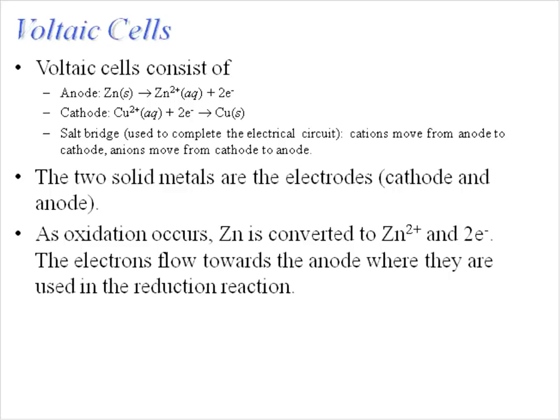Now let's define anode and cathode. Anode is that electrode where oxidation takes place. And we have seen that out of zinc and copper, zinc wants to become positive more desperately. So zinc electrode will be the anode.